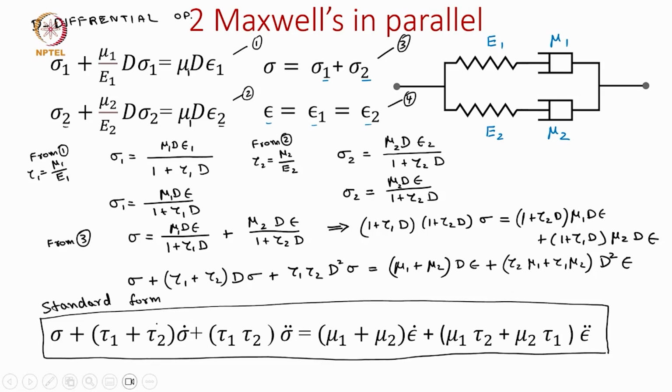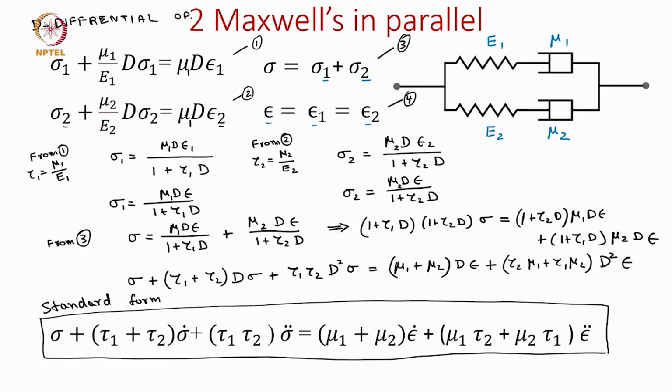Because to the left hand side we have the stress terms and to the right hand side we have the strain terms, and each of these terms are in the increasing order of derivatives. So, we start with sigma, first derivative of stress and the second derivative of stress. To the right hand side we have the first derivative of strain and the second derivative of strain.